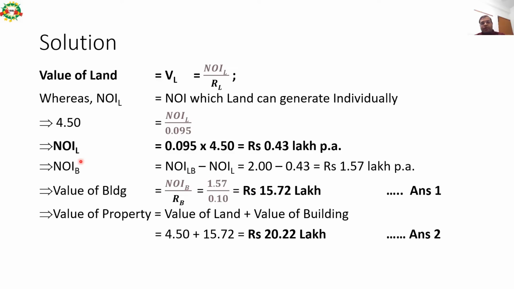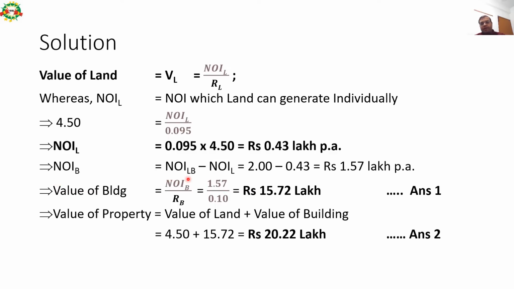So that means NOI_L, net operating income of the land alone, will be equal to 0.095 into value of the land, which is 4.5 lakhs. So total NOI from land is equal to 0.43 lakhs per annum.